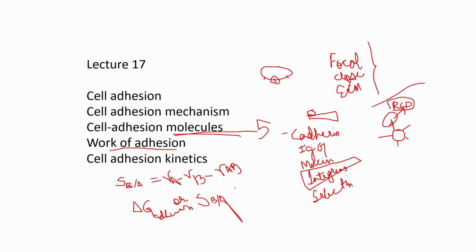If it is less than 0, or if it is negative, then it leads to spontaneous adhesion. And then also the characterization of cell adhesion, which can be done by morphological analysis or biochemical analysis, was discussed.